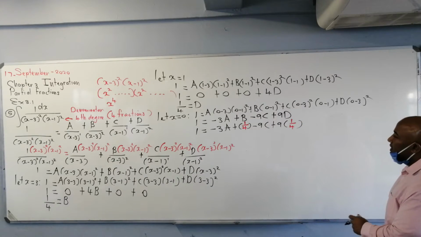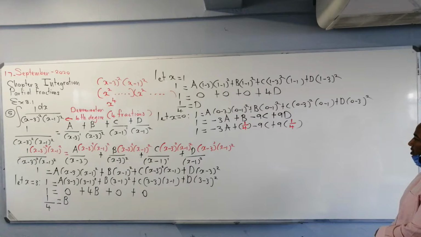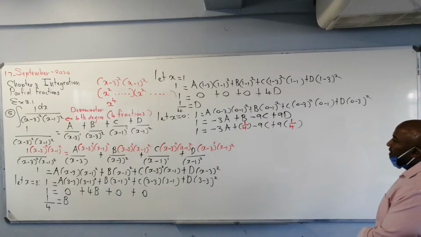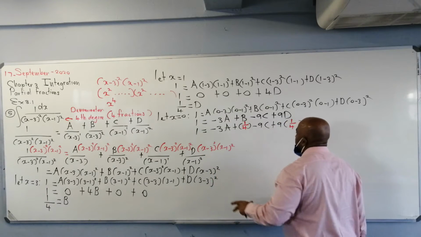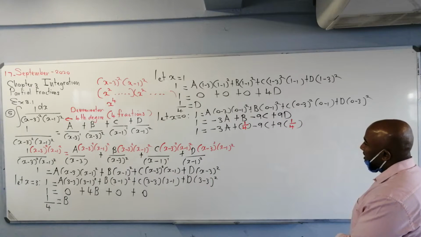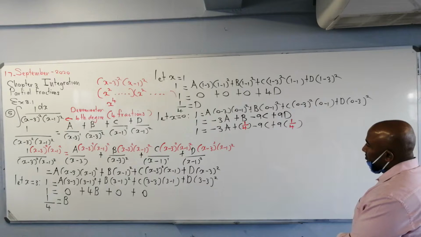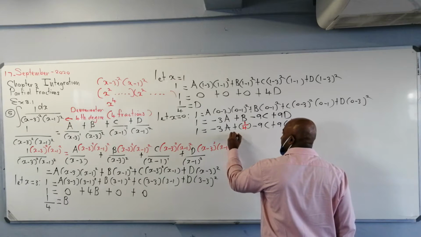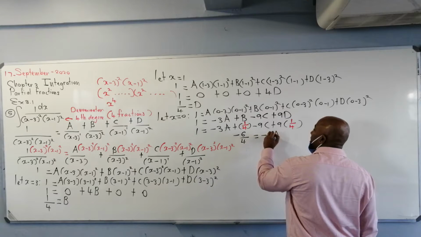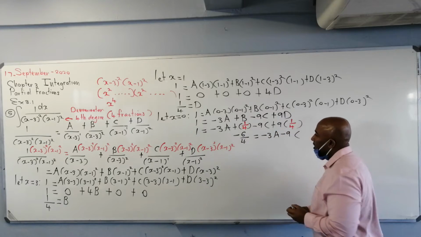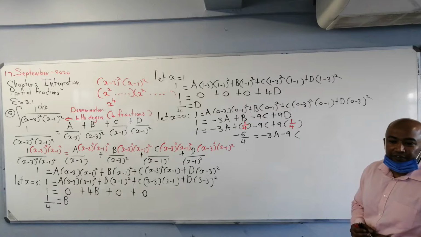Right, so let's see what is going to happen over here. We got 9 over 4 plus 1 over 4, which is 10 over 4. And then we got 1 here, so let me just see what's going to happen up here. So that's 10 over 4 minus, it will be minus 6 over 4 is equal to minus 3a minus 9c. You can just double check me on the calculator there fast.